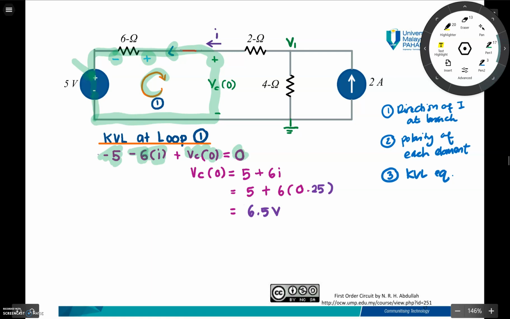When you rearrange the equation, VC naught is 5 plus 6I, so 5 plus 6 times 0.25. The answer will be 6.5 volt.